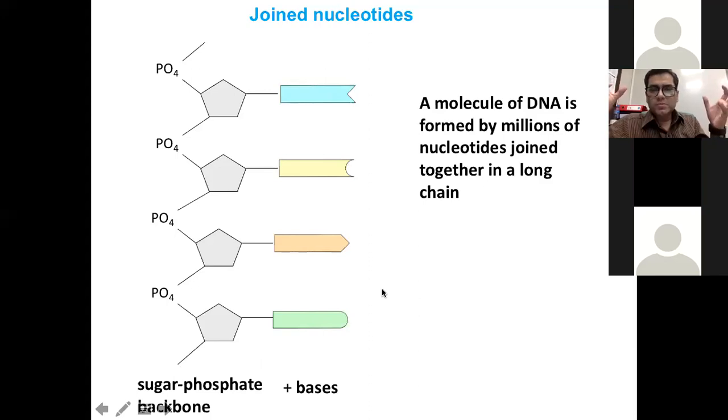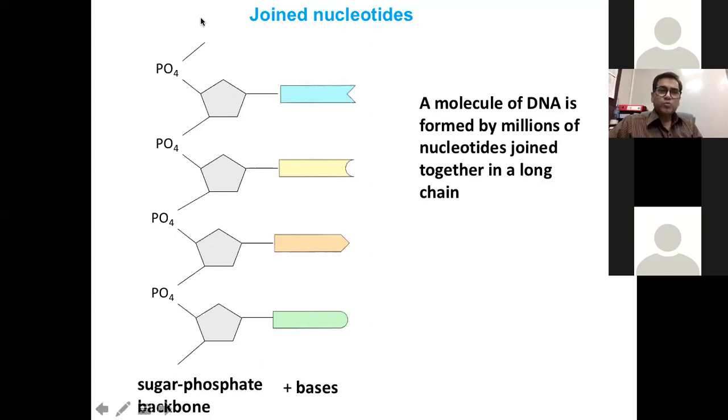So a DNA molecule is formed by the joining of millions and millions of nucleotides. And these nucleotides are joined together with the help of phosphodiester bonds. And one thing to remember is that these nucleotides are connected between the two strands of the DNA in an anti-parallel and complementary fashion.